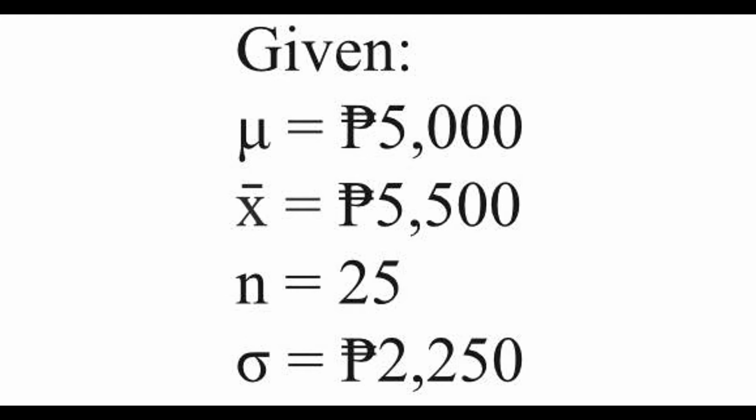First, the value of our mu is 5,000 pesos. The sample mean, or the X bar, is 5,500 pesos. The n value of the sample is 25 and the standard deviation is 2,250 pesos.